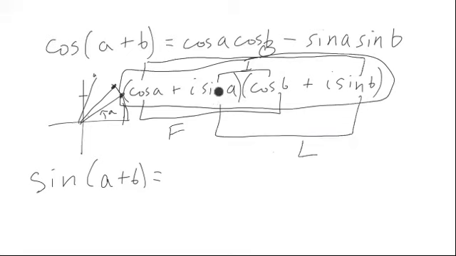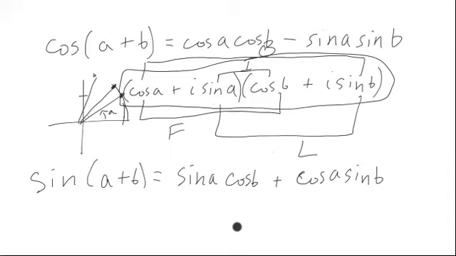You can do this in any order you want, but basically sine A cosine B plus cosine A sine B. Basically, the sines and cosines, the A and B, are just switching places. Okay, so we got these two very nice identities.